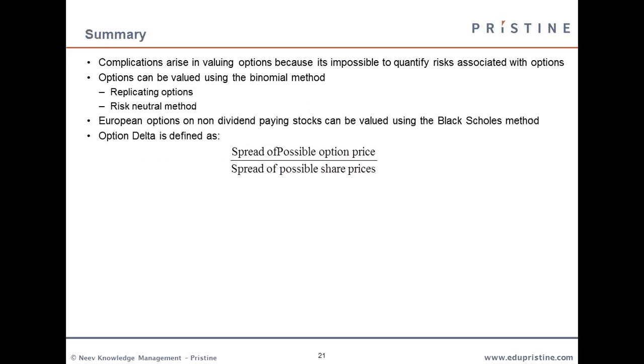We have started with the binomial method. We have looked at two ways of doing it. One is the replicated portfolio method and the other is the risk neutral method. In case of replicating portfolio, we calculate the option delta using this formula.